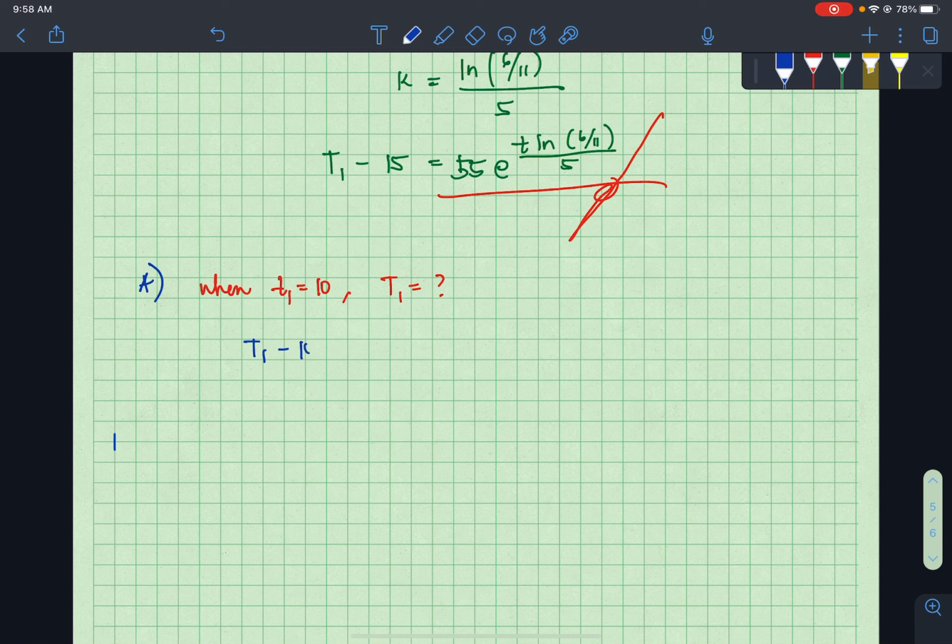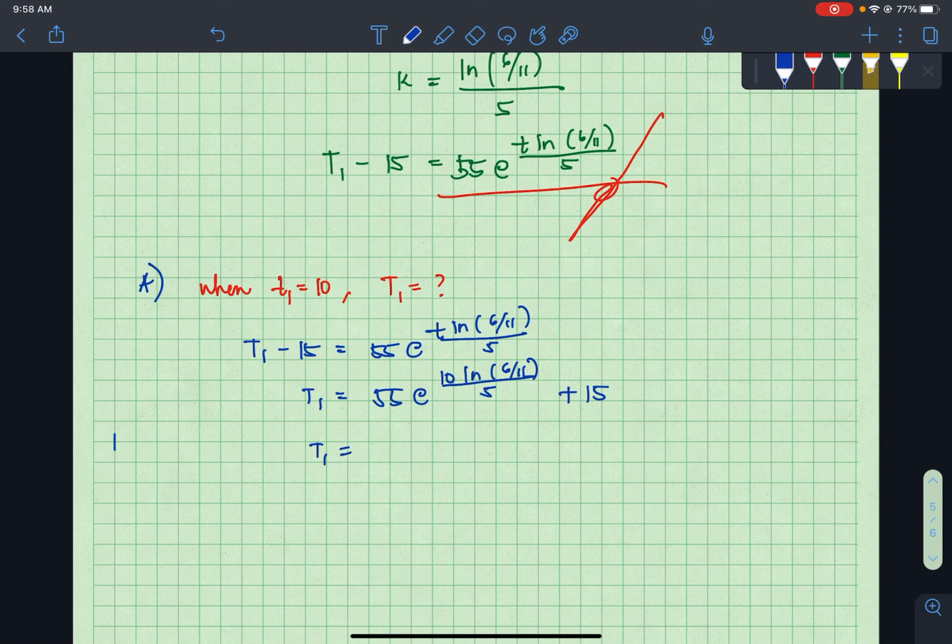T1 minus 15 is equal to 55 e raised to t ln of 6 over 11 divided by 5. So T1 would be 55 e raised to 10 ln of 6 over 11 divided by 5, and then plus 15. So do your calculation. So 55 e, 10, plus 15.